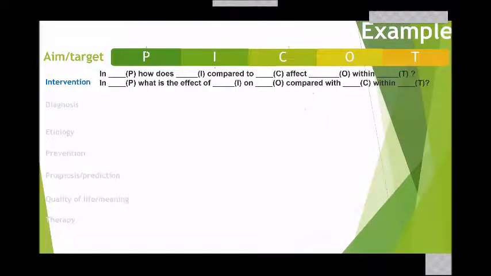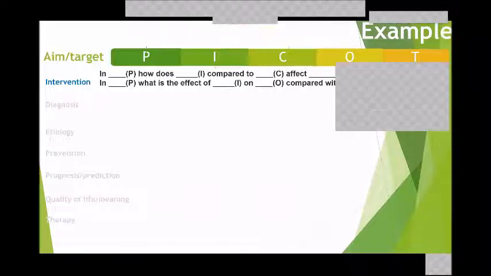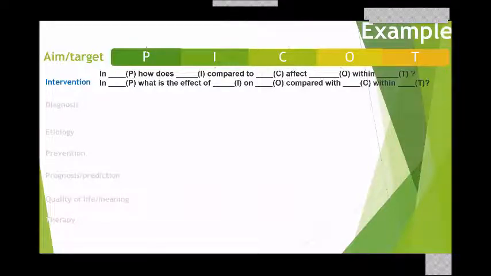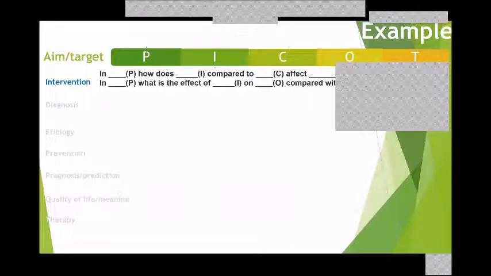So, compared to the comparison or the control, how does it affect the outcome in a given interval or time, or in a given study type. We have more participants, let's admit them.